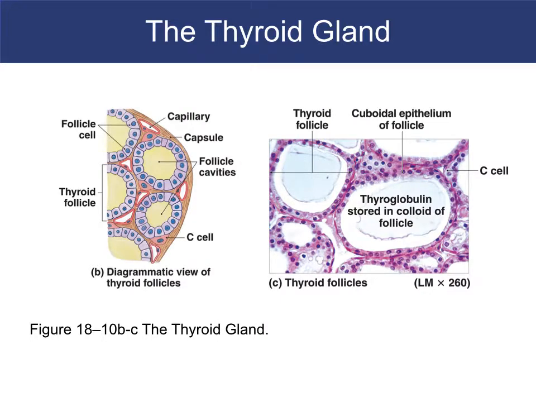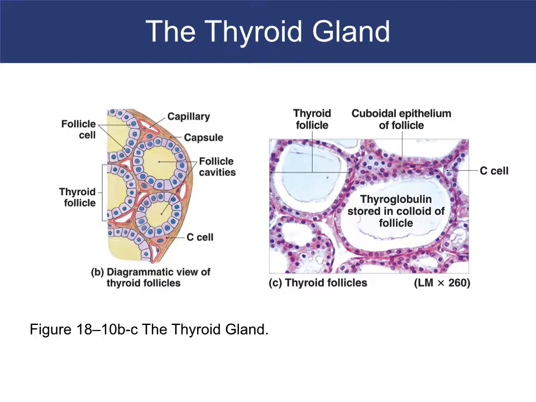Okay, so here's a slice of thyroid gland. It's these big follicles like this. They are simple cuboidal epithelium all the way around the sides here. And then there are these cells in between that are called the interstitial cells, and we call them C cells or interstitial cells, either one, because these cells are important because they make another hormone called calcitonin.